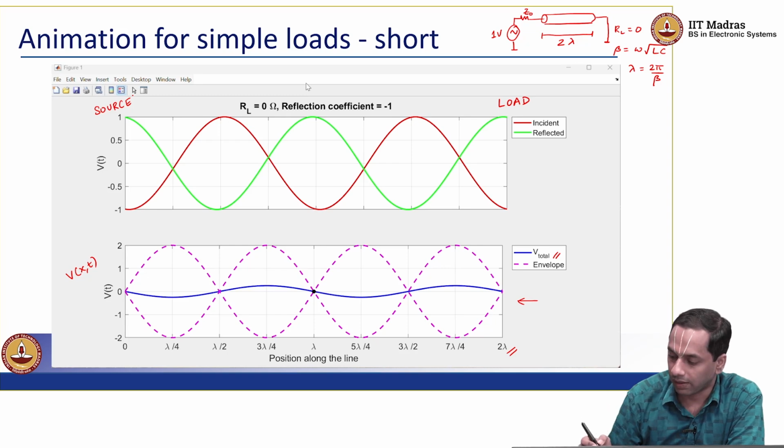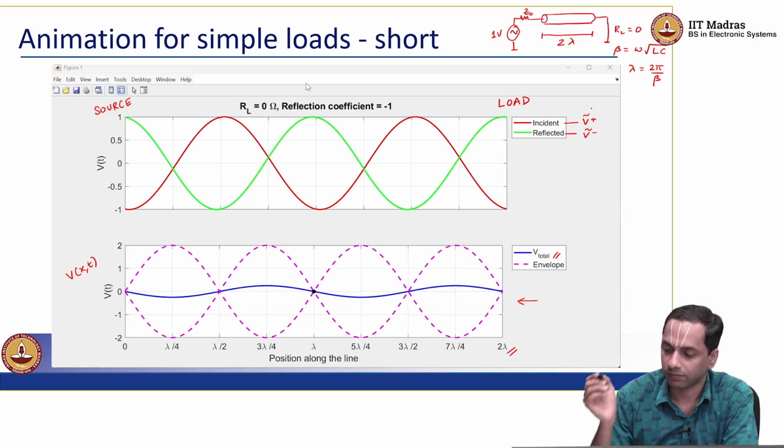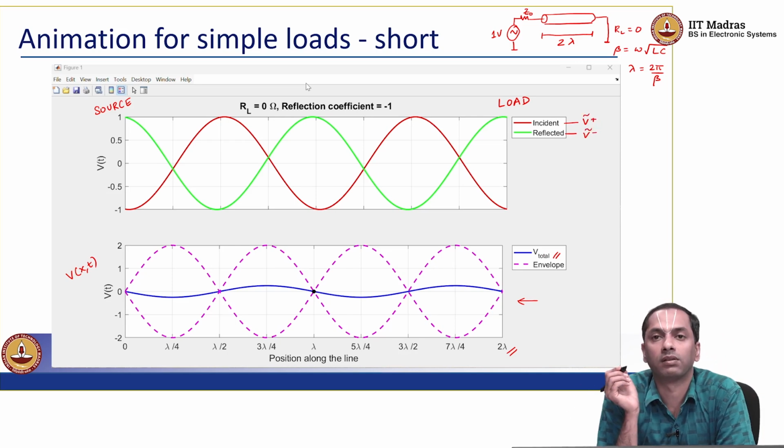Essentially this V total is the incident and reflected. The red curve on the top plot is showing the incident wave, and the green is the reflected wave.